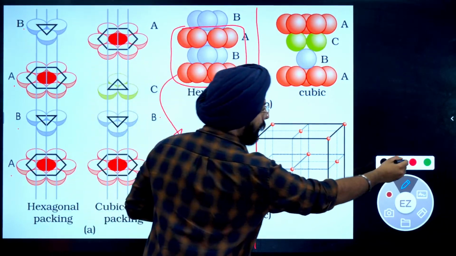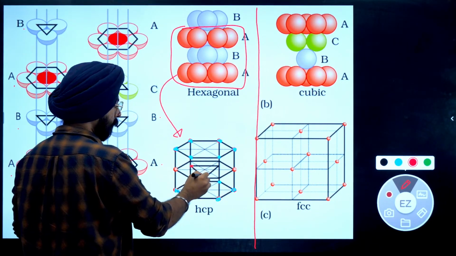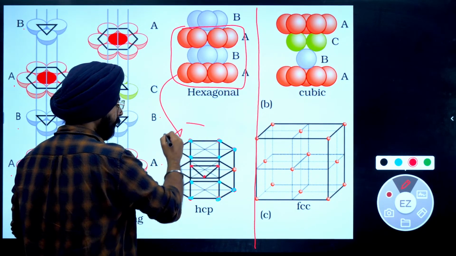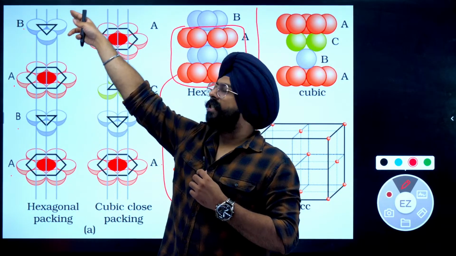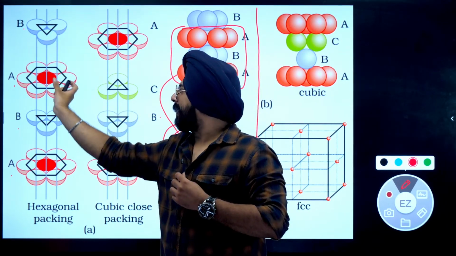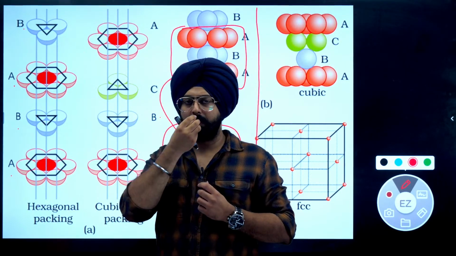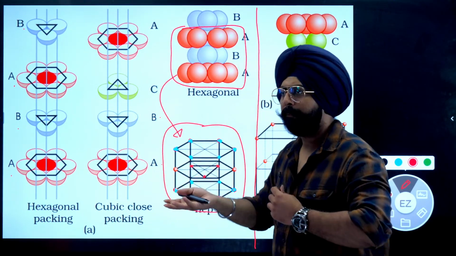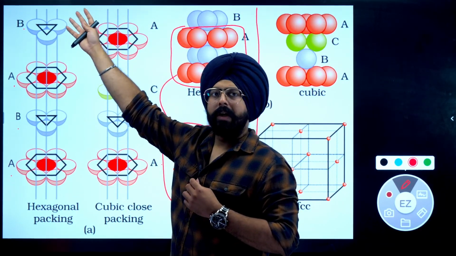And the middle layer B, these are the atoms. This is the unit cell that forms out of this type of a lattice. Only the relevant atoms have been shown. The entire layers have not been shown over here because then it will be difficult to visualize. Fine. So AB, hexagonal packing.